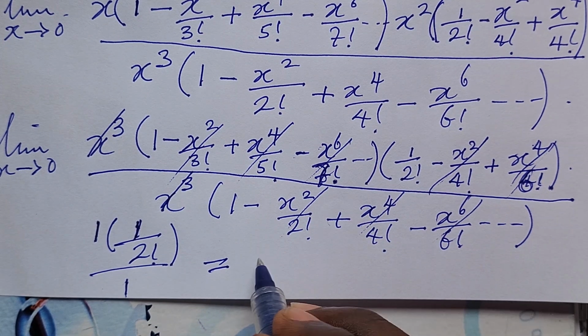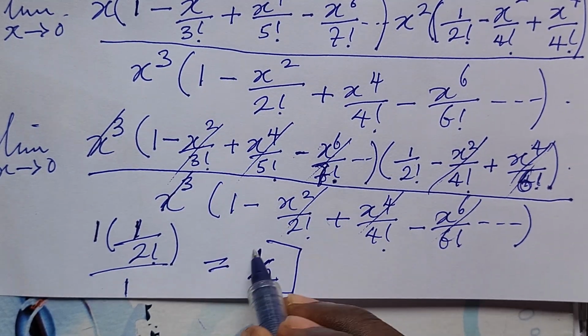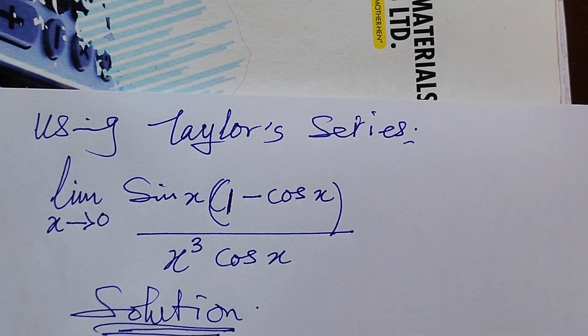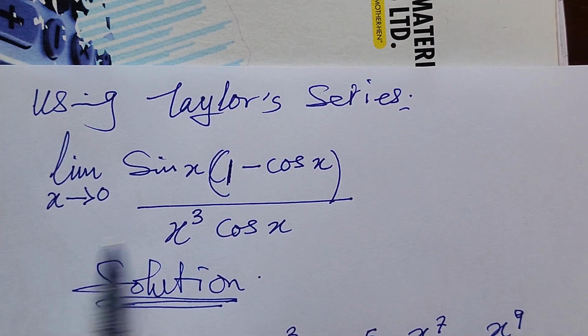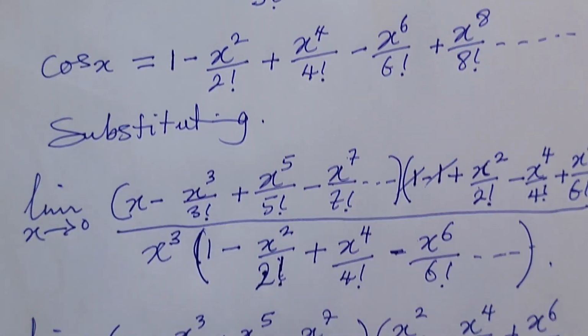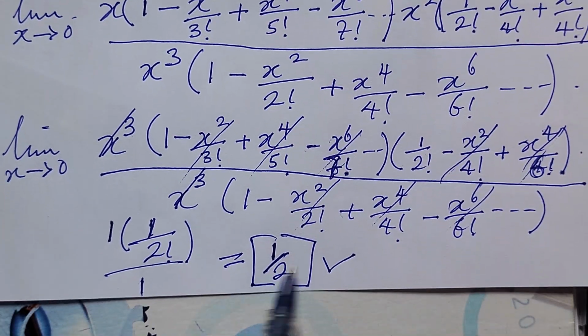So we're going to have everything here to be 1 all over 2. So this is our answer, 1 all over 2. If we find the limit of this function using the Taylor series, this will give us our answer. Very easy, 1 all over 2.